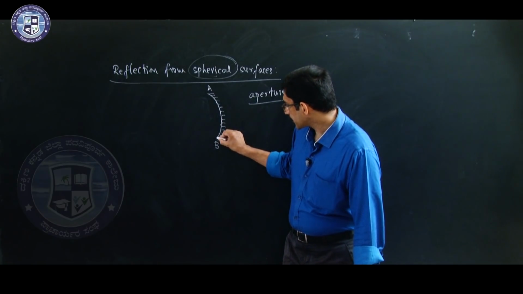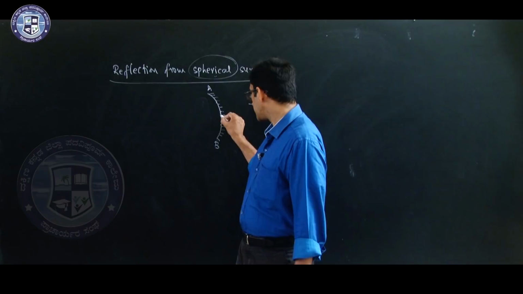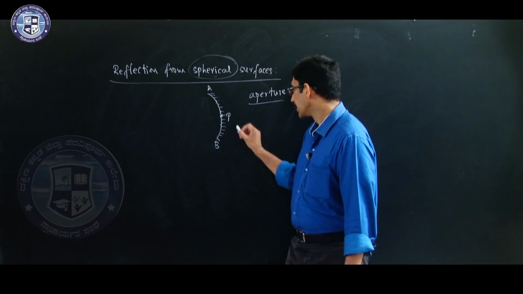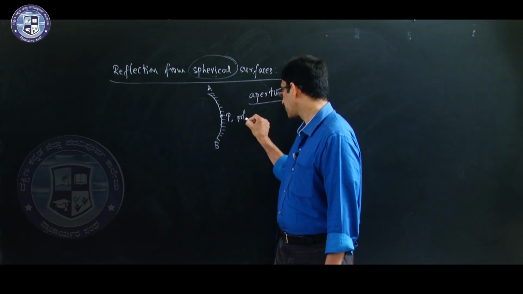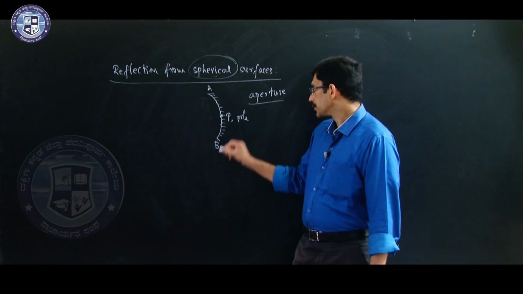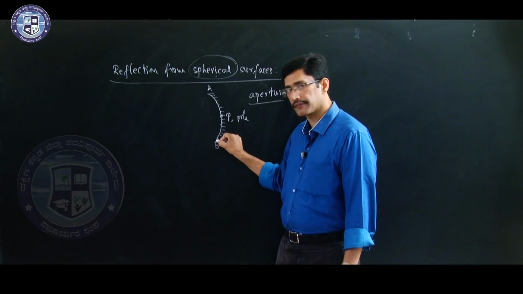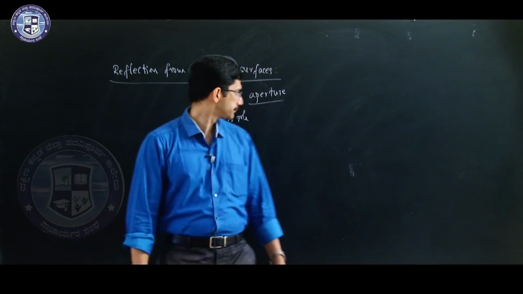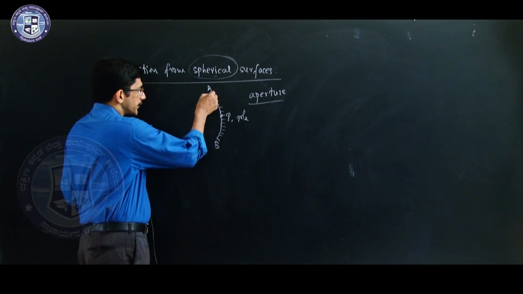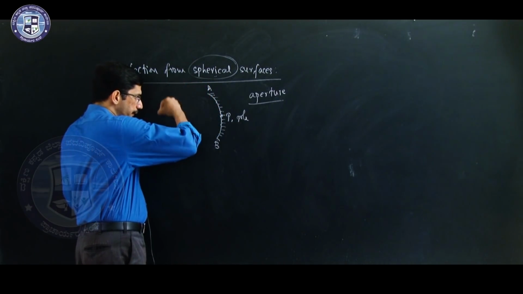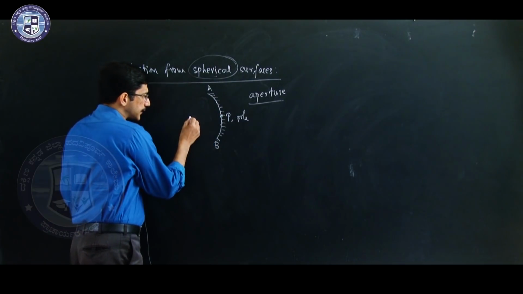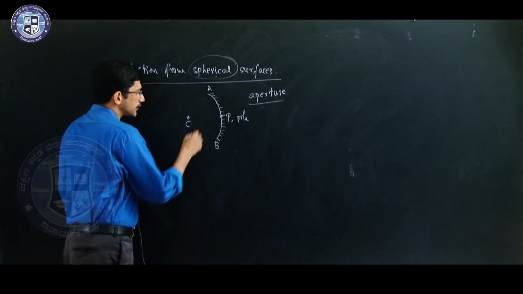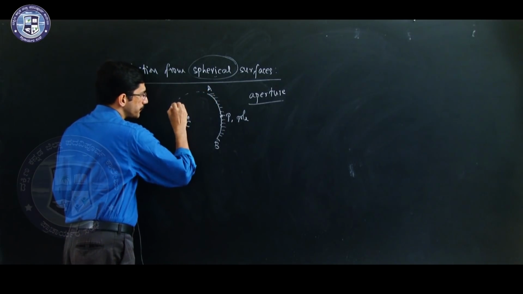In this surface AB, you can consider a midpoint, represented by P, which is called the pole. So, the midpoint of this spherical reflecting surface is called the pole. If you complete the sphere, there is a center for that sphere.